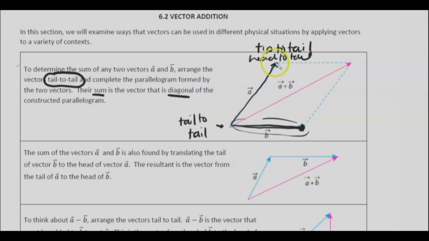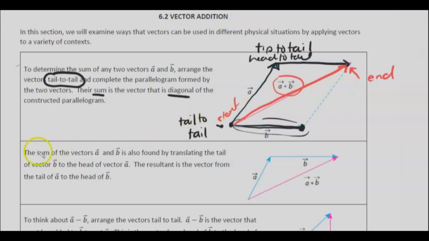All that means is that at this head, we put the end point here, and whatever that yields, so this would be the start, and then we go across and draw an arrow, and this would be the end. So this red vector would be A plus B. That's called the resultant.